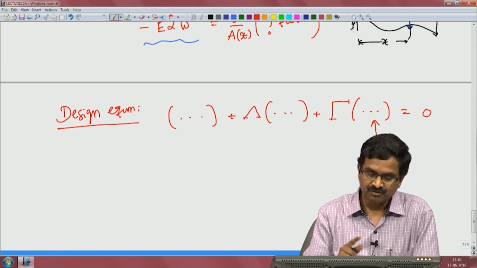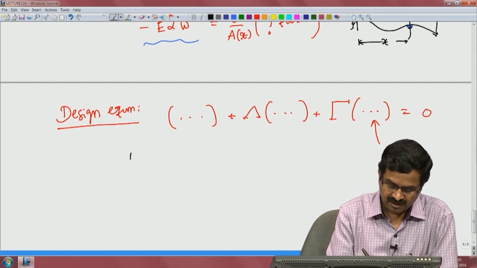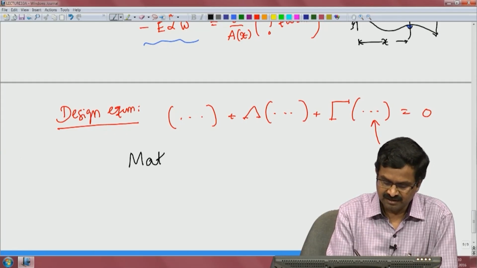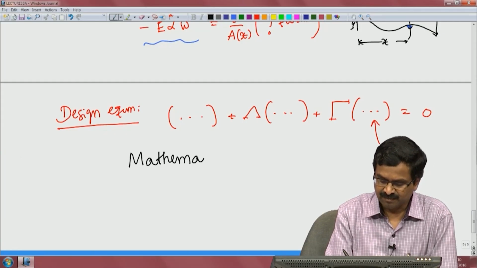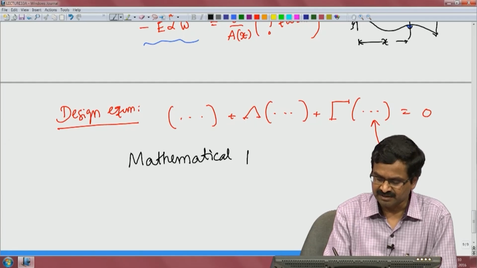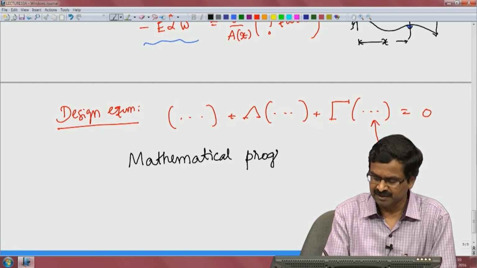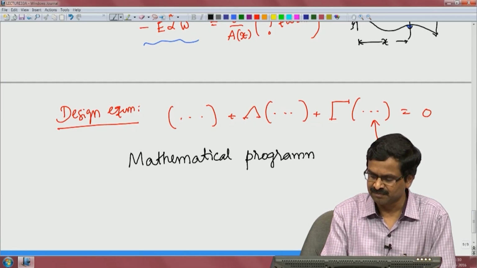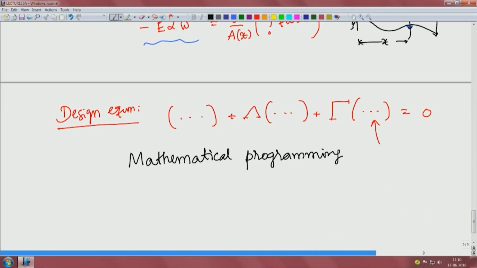Once you have that, you can go and use any of the nonlinear or what we call mathematical programming techniques, which are plentiful these days, readily implemented in, let us say, MATLAB.